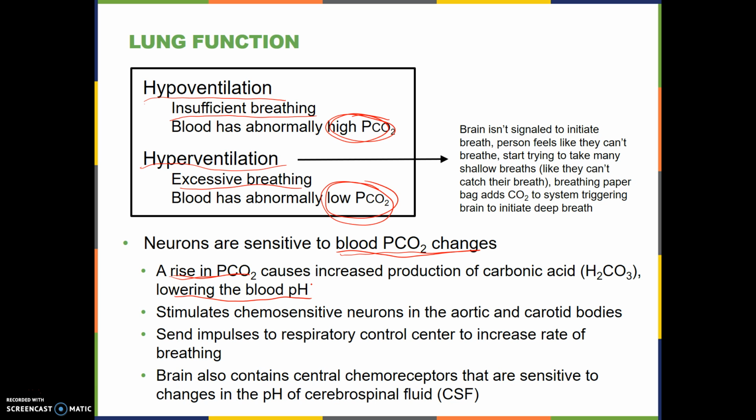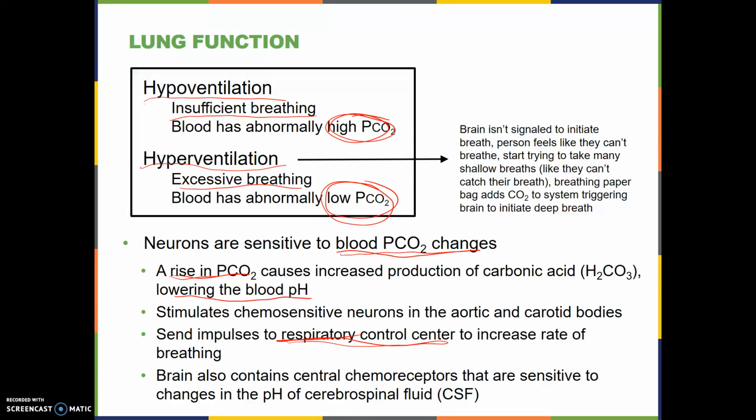And then that stimulates the sensors in the aortic and carotid bodies, which are in the aorta and the carotid artery. And that sends impulses to the respiratory control center. I can't remember if it's the pons or the medulla oblongata, but that increases the rate of breathing. It causes you to breathe.